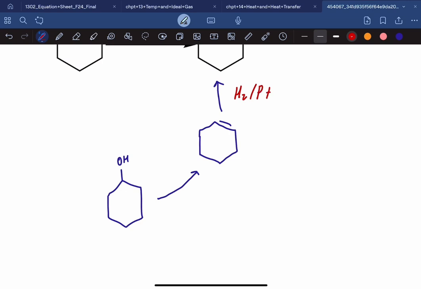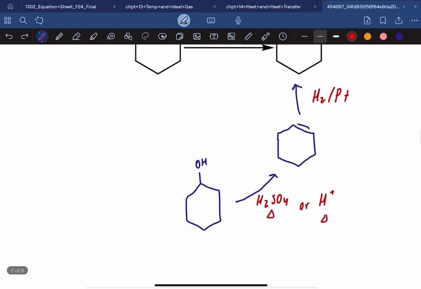You can do this with any acid and heat. Or you can just use H plus as an acid and heat. So that's the way to make an OH into a double bond. Okay, so we're kind of getting somewhere.